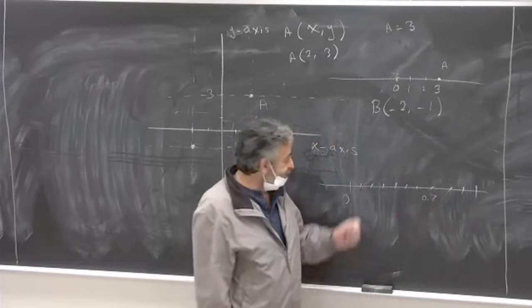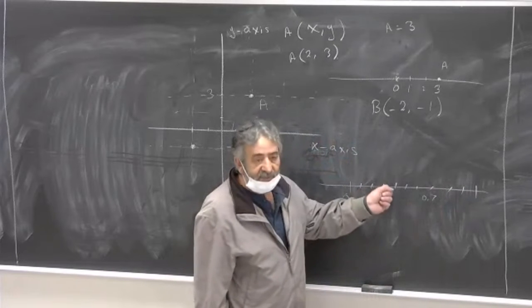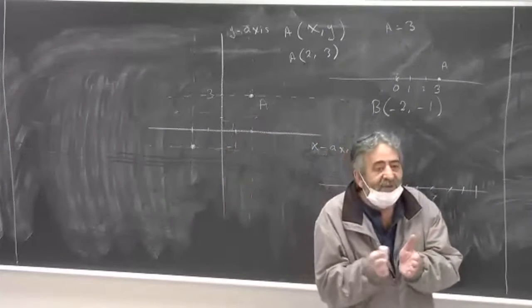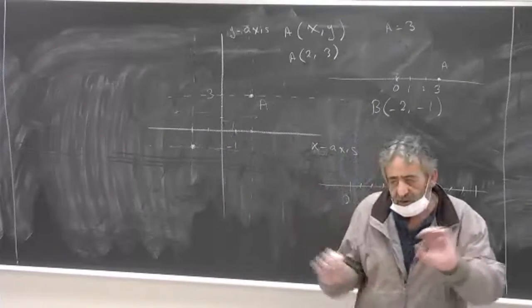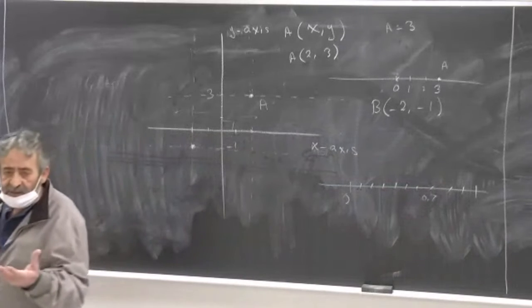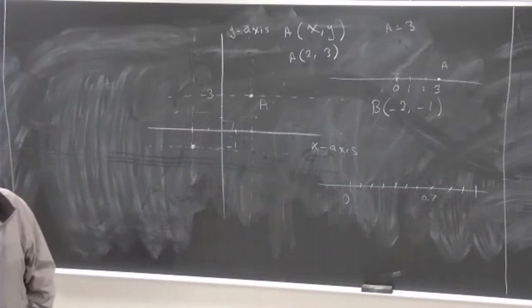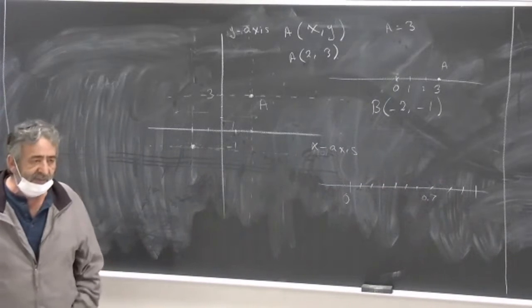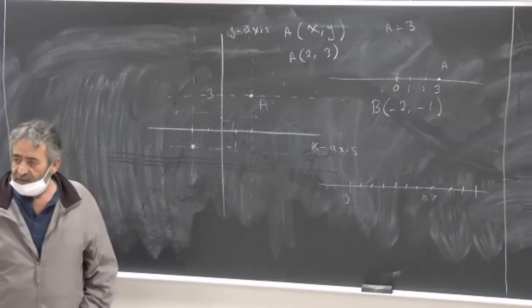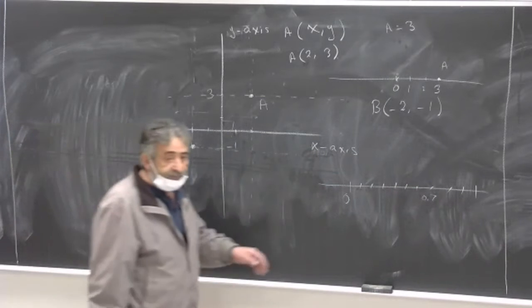This is 0.1, 0.2, 0.3, 0.4. Why? Because my numbers are extremely small. So how far apart those numbers are, it's up to you. You make a decision how big or how small you want those numbers to be based on the given information you have. Clear?